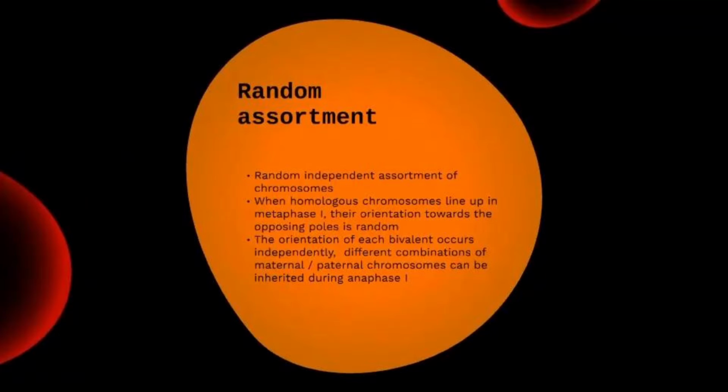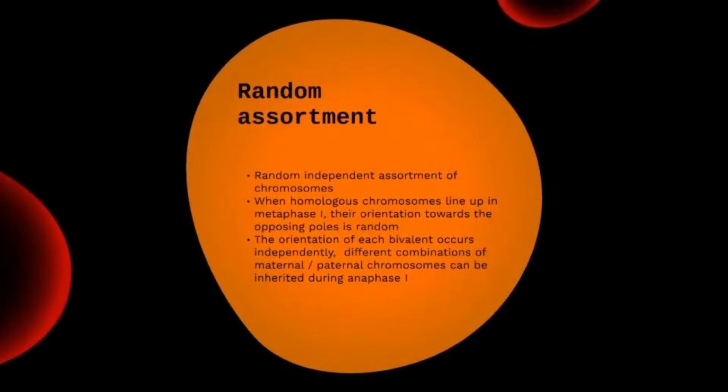You'll get 1A going to one daughter cell, and 1B going to the other daughter cell. So the two daughter cells will have two copies of the same chromosome, but the two daughter cells will have different copies to each other. So one will get one that you had from your mother, one will get one you had from your father. And remember, at this point they will also have had some crossover, so they'll actually be kind of unique chromosomes to what we normally have in the body.